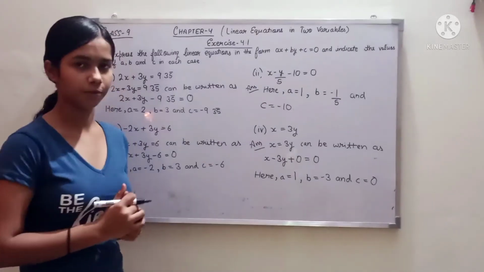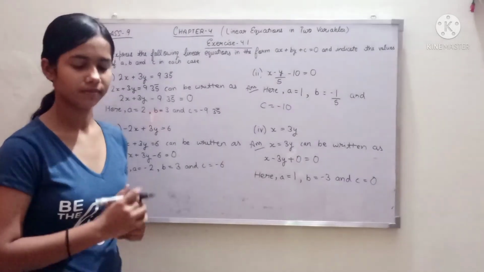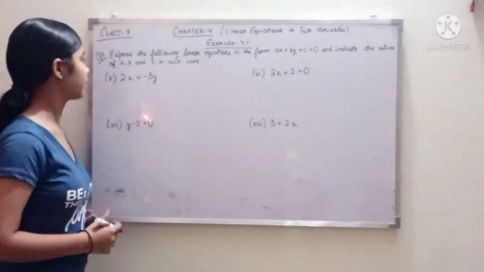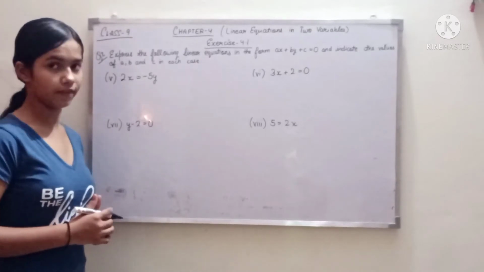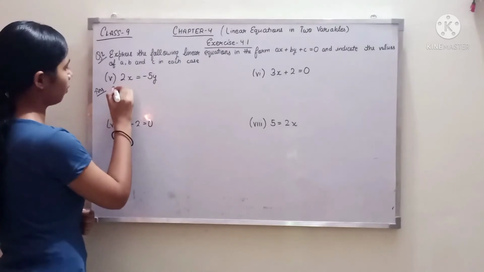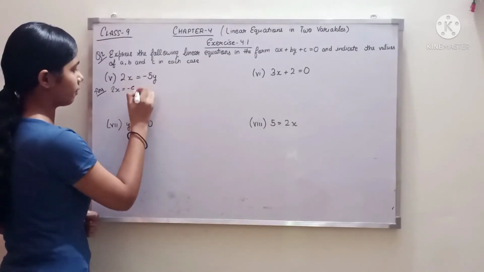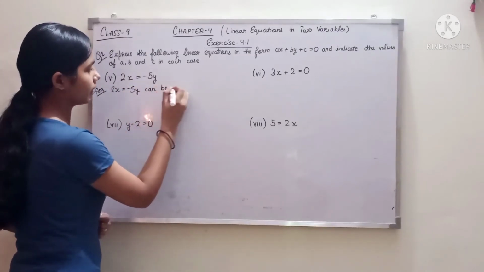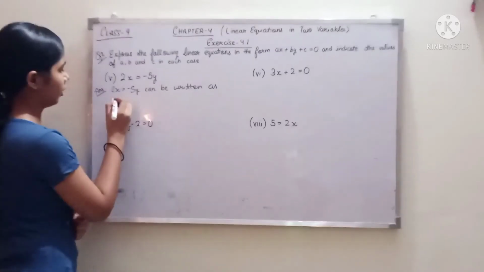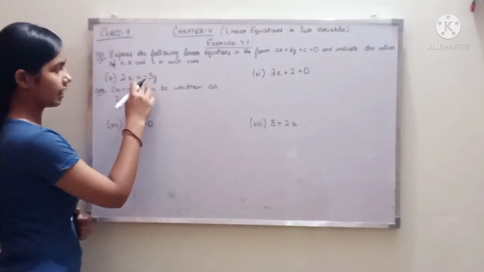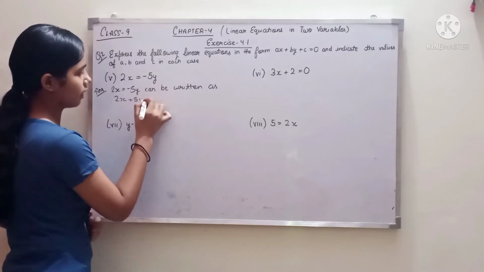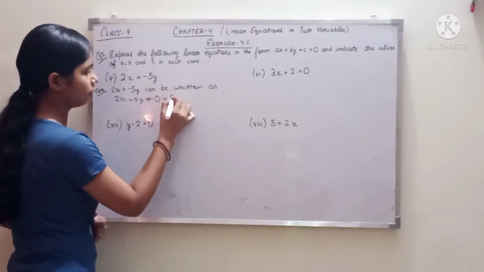Now coming to the fifth part. The fifth part is 2x is equal to minus 5y. So how can we write it? 2x is equal to minus 5y can be written as 2x, here is negative, so here is positive, plus 5y plus 0 is equal to 0.